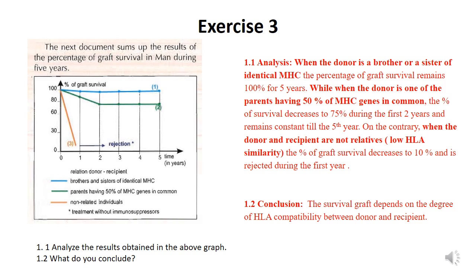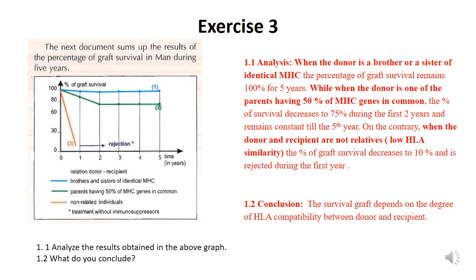Analysis. Of course, in order to do the analysis, you should indicate clearly the variable factor in this experiment. So what's the variable factor here? Yes, it's the relation between donor and recipient, whether the similarity of MHC is 100% blue, 50% green, or 0% orange. So how would you analyze?